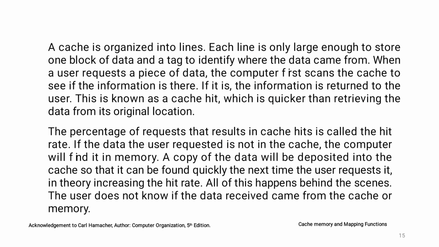If the data the user requested is not in the cache, the computer will find it in main memory. A copy of the data will be deposited into the cache so that it can be found quickly the next time the user requests it. This increases the hit rate. All of this happens behind the scenes. The user doesn't know if the data is received from cache or main memory.